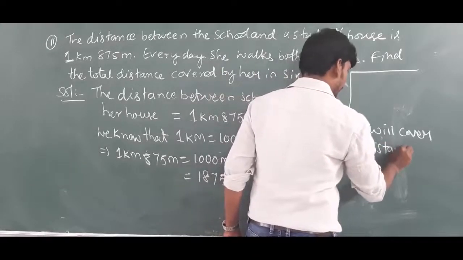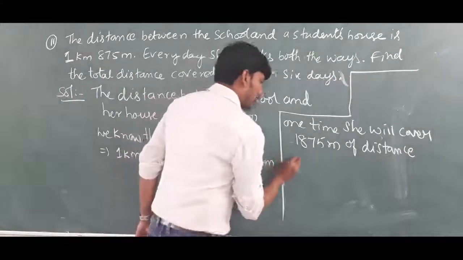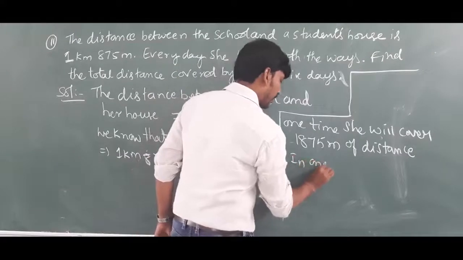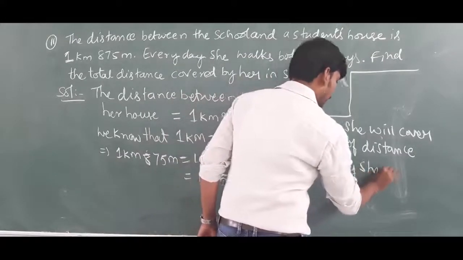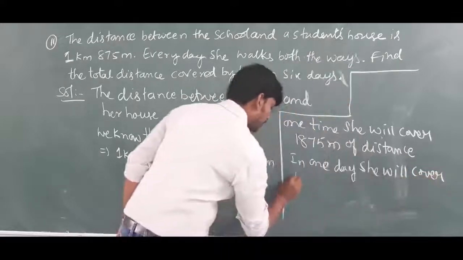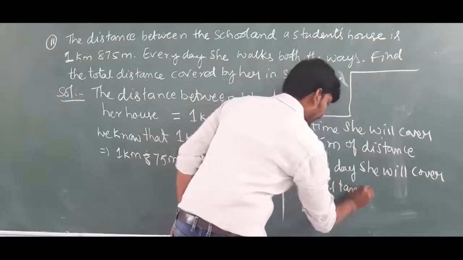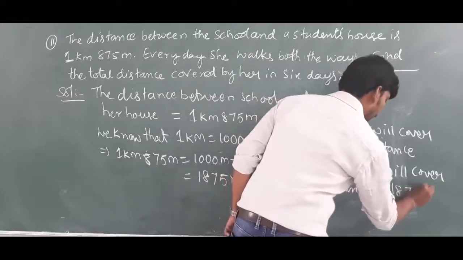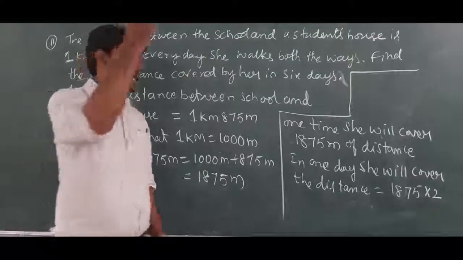So daily, in one day, she will cover the distance equal to 1875 into 2 times, morning one time, evening one time.